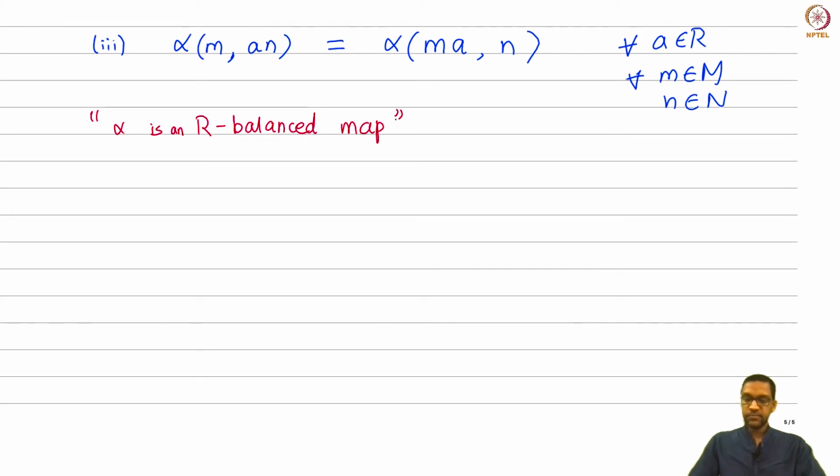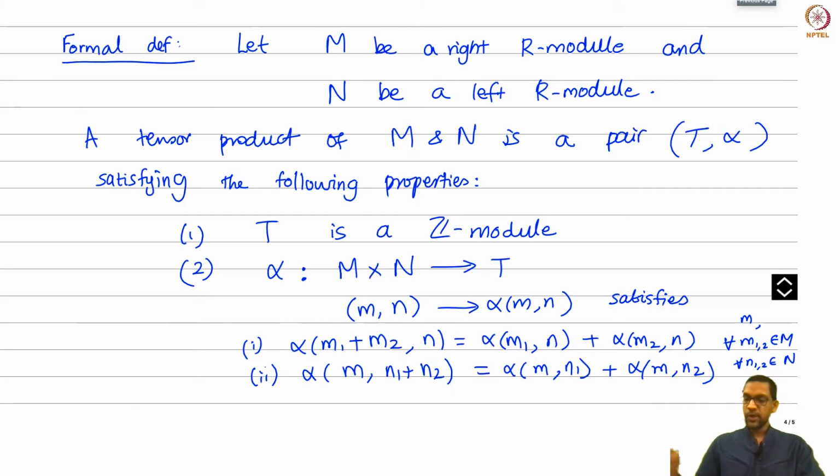Okay, meaning it's bilinear in the sense m1 plus m2 and n1 plus n2 will give you the expected answer, but this new property here, that this a can sort of be moved across from the second component to the first component, that's sort of this notion of being balanced. Okay, so in this terminology, what we are saying is that a tensor product of M and N is a pair T comma alpha.